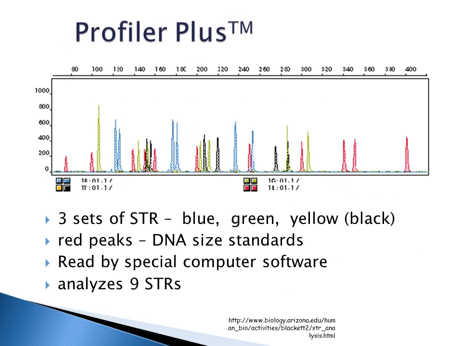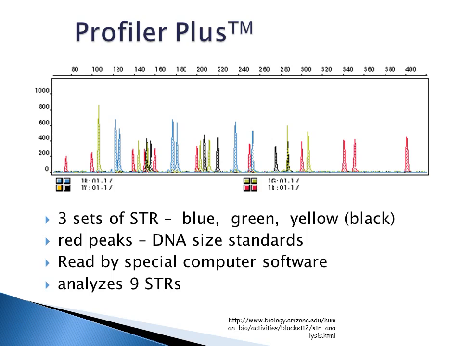Commercial kits, such as the Profiler Plus, are available for short tandem repeat analysis. These kits have fluorescent molecules covalently linked to the primer. So in this Profiler Plus PCR amplification kit that's available from Applied Biosystems, 9 short tandem repeats are analyzed using 3 sets of primers, and each set of primers has a different colored fluorescent label.